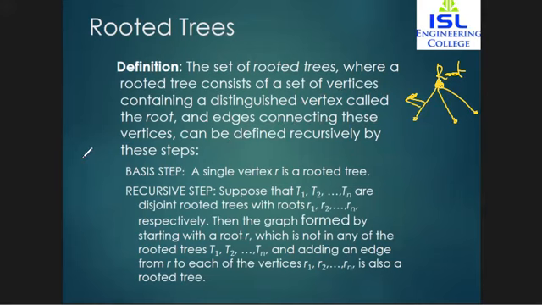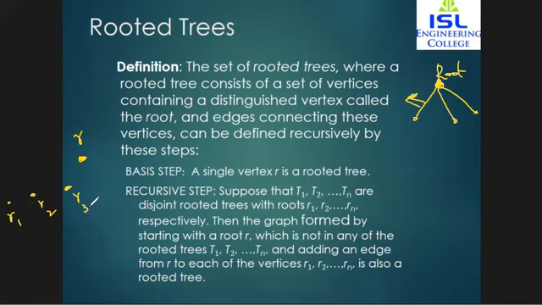A single vertex is a rooted tree, and suppose that T1, T2, and Tn are disjoint rooted trees with roots R1, R2, and Rn. So first we have our root, simply R, a single vertex rooted tree. After that we have a few other trees, with roots R1, R2, R3 respectively.